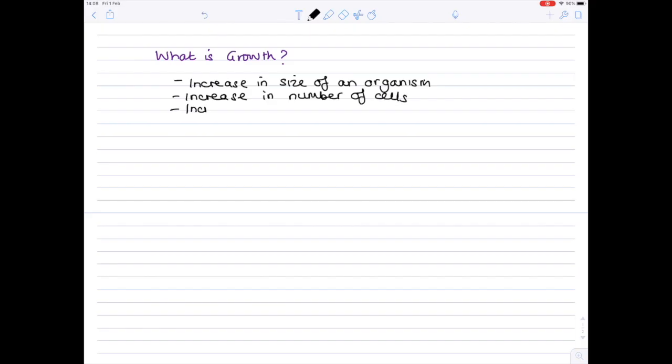An increase in the size of those cells. So we go from a small cell to a big cell. In the previous, we go from 2 cells to 4 cells. And then lastly, how can you measure this growth? Well, you can measure it by comparing the new mass or the new length.